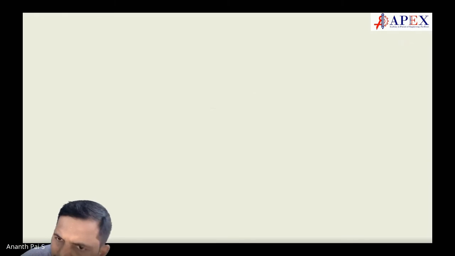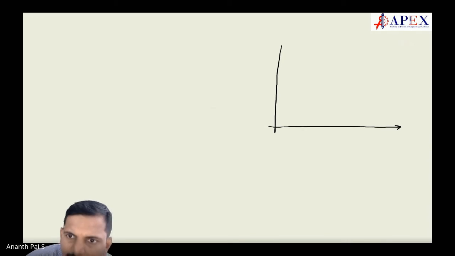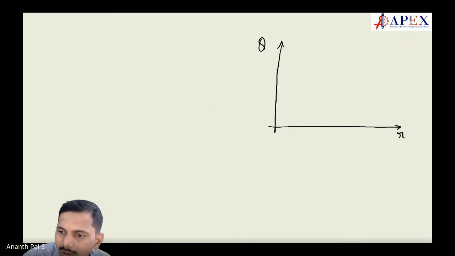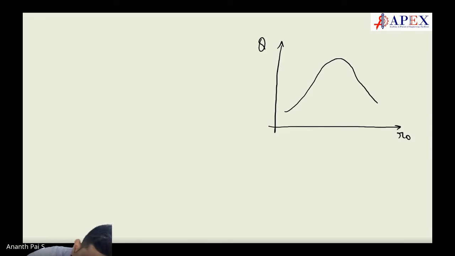Now here, we'll plot Q versus R naught. You increase R naught and see, for the same h, the same conductivity, everything. You will see that as R naught increases, Q increases and it comes to this maximum.